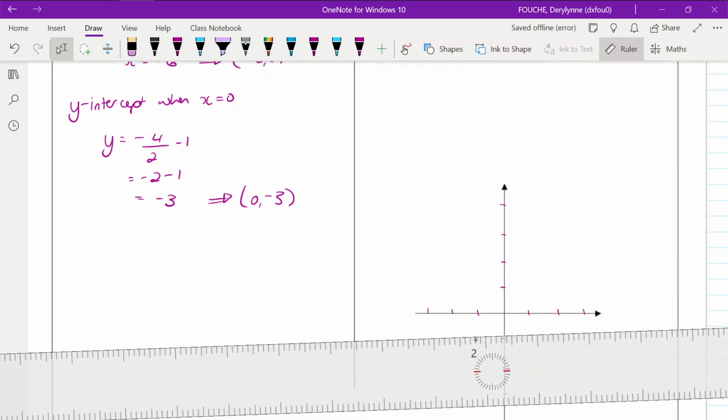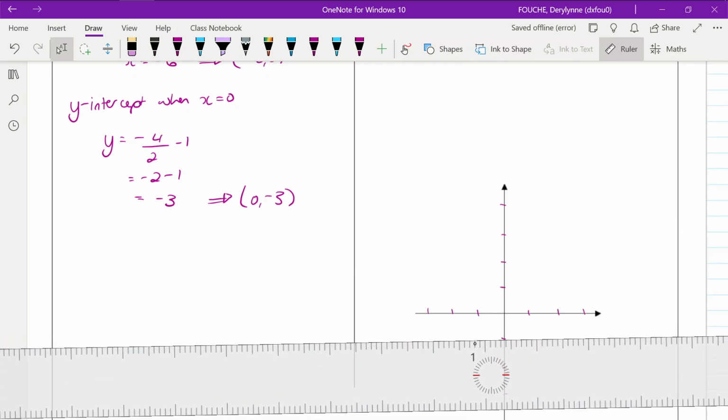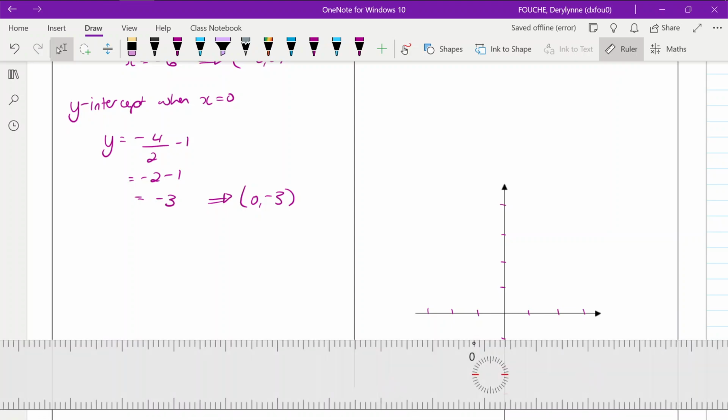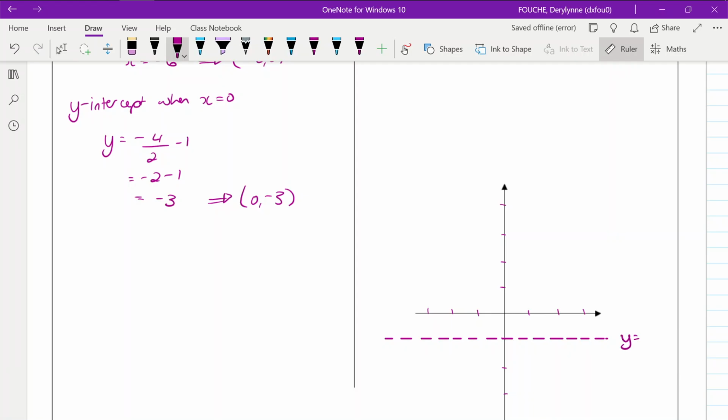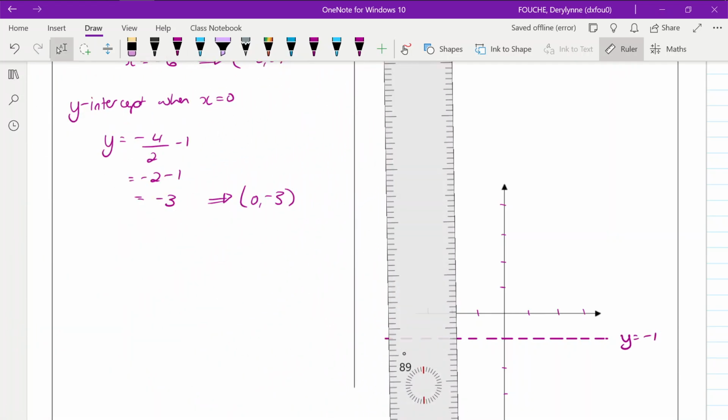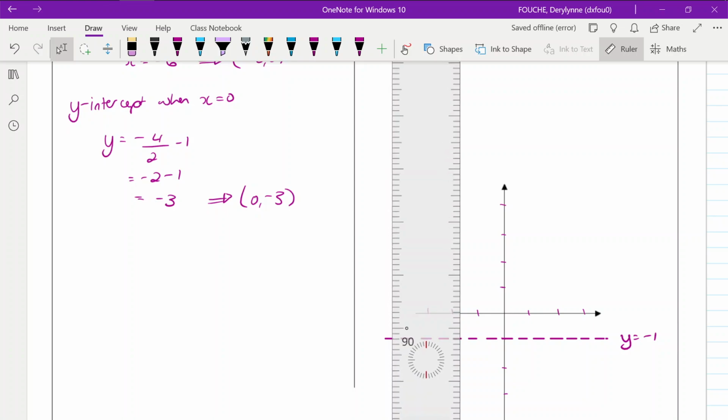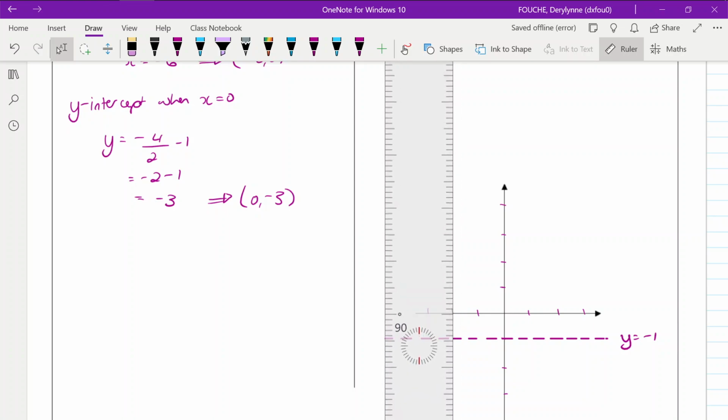Y equals -1, and we always draw our asymptotes in with dotted lines. And we label them. And we had a vertical asymptote at x equals -2.